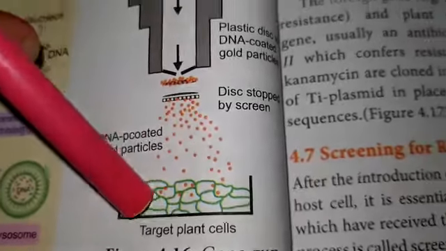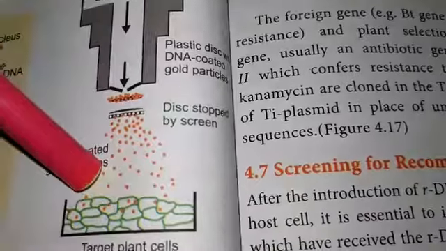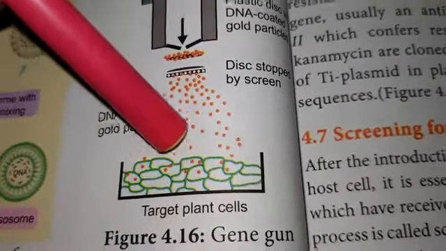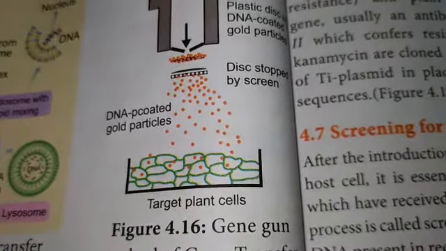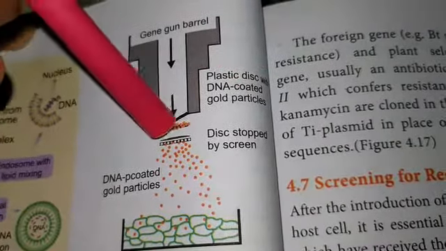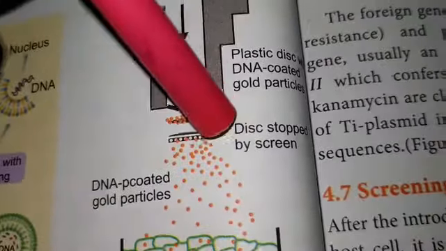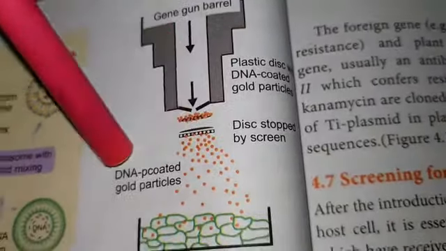When the target plant cell is cultured in a specific medium, it can germinate and produce a plant which has the desired character. So the gene gun has a barrel, a plastic disc with DNA coated gold particles, and the disc is stopped by a screen.